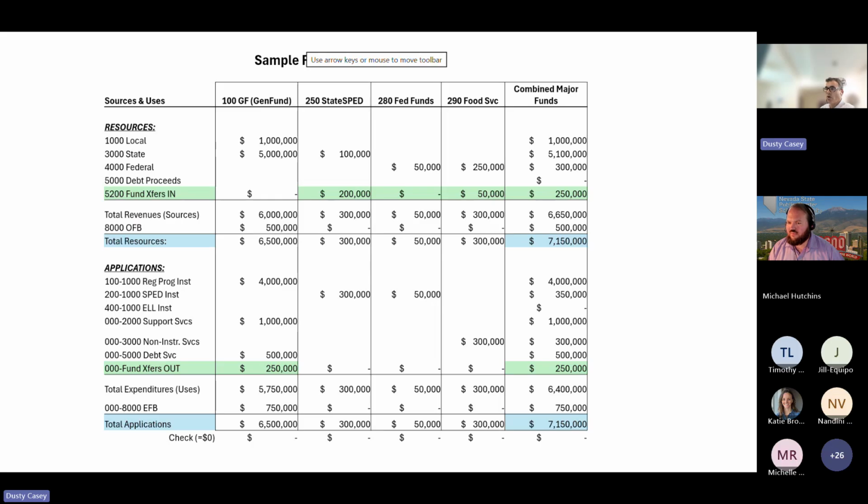Either your count was wrong and you got overfunded, or there are expenditures that have been left unidentified somewhere in the general fund, and NDE is telling you to go find those expenditures, record them, and at least zero it out. But if you're literally in that scenario where you did get overfunded, that's what that really means. It means you were overfunded.